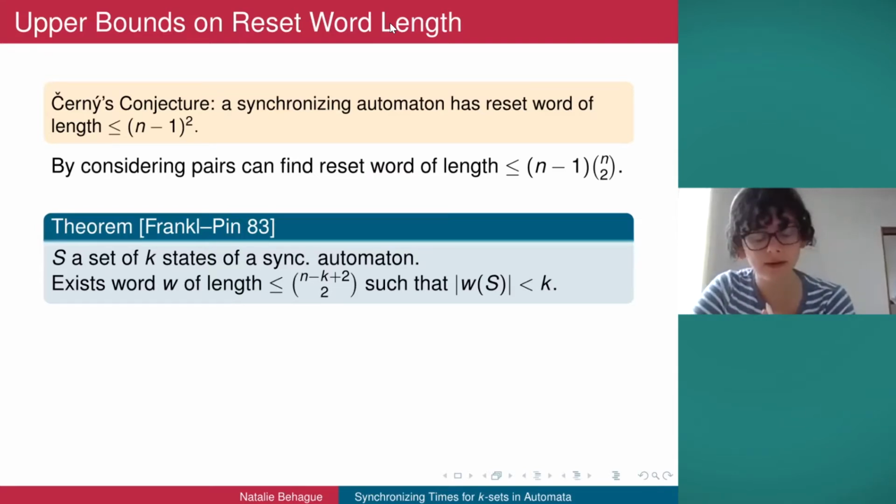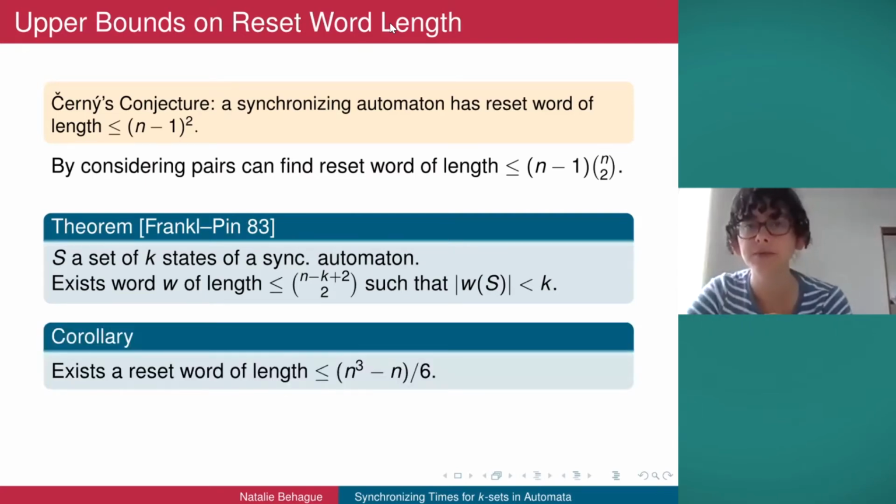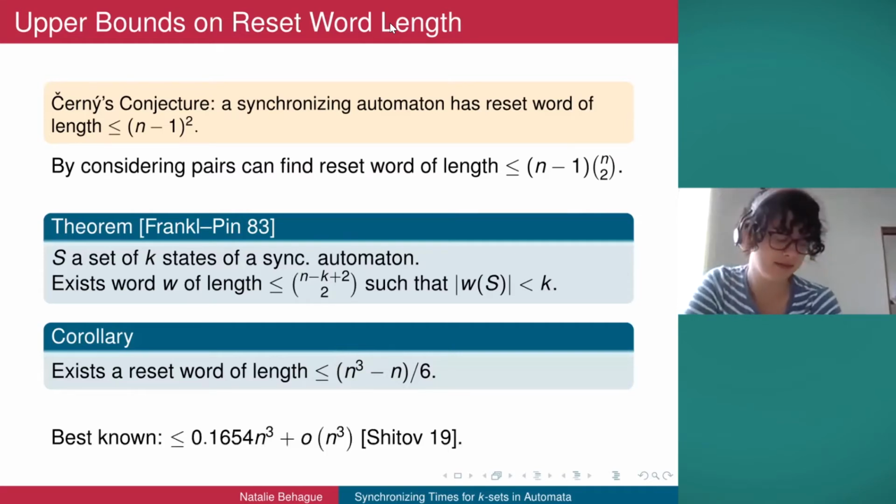So we can get a slightly better upper bound than our naive upper bound by repeatedly applying this Frankl-Pin result. And if you sum those up, it turns out you get something like n cubed over 6. So the naive bound is n cubed over 2, and this is n cubed over 6. This is from 1983. The state of the art, barely any better.